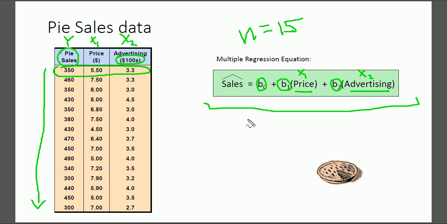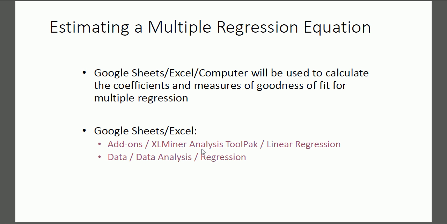We're going to put this into some kind of computer software, and I'll do a separate video on how to do that, and we're going to get this output. To estimate the multiple regression equation, we're going to use Google Sheets, Excel, or some kind of computer software to calculate the coefficients and other things, called measures of goodness of fit for the multiple regression.